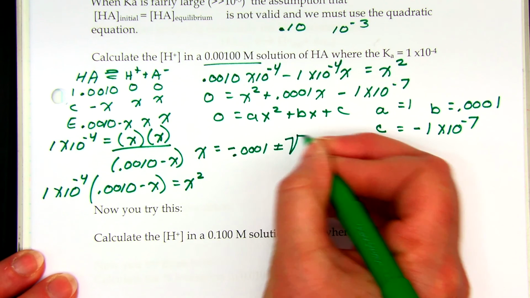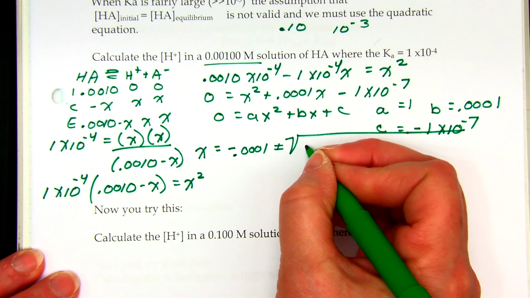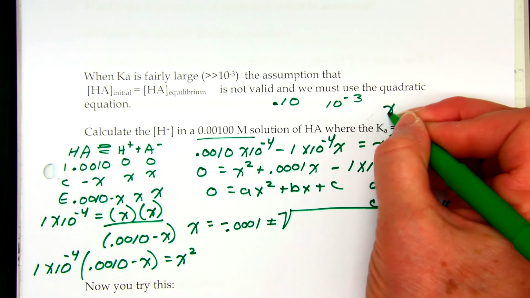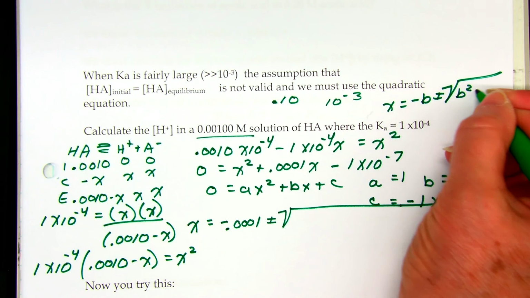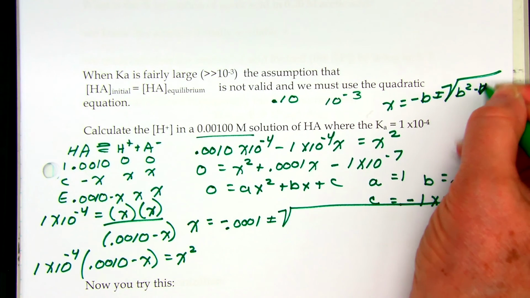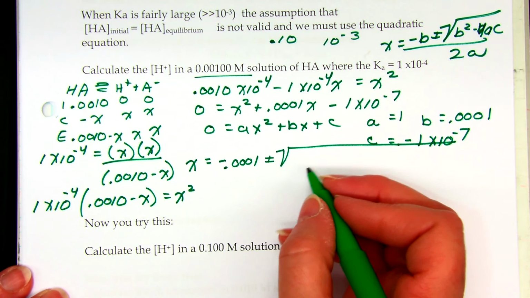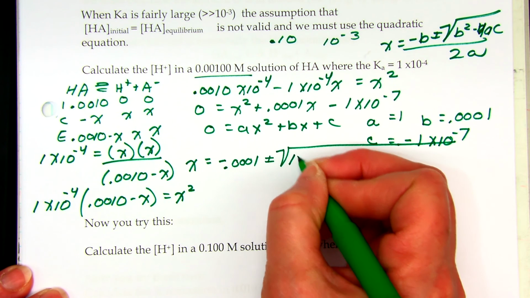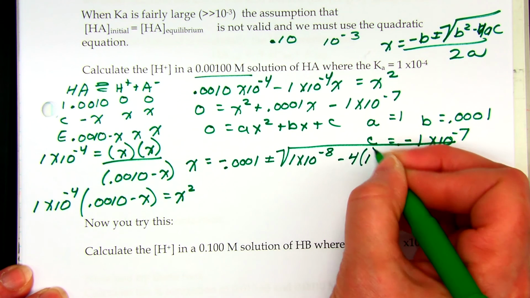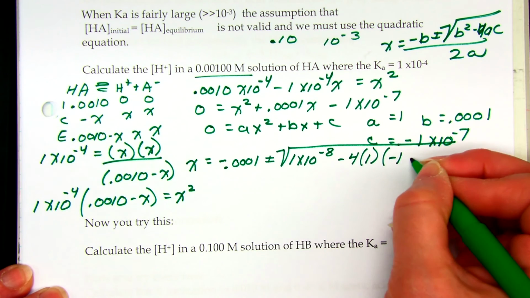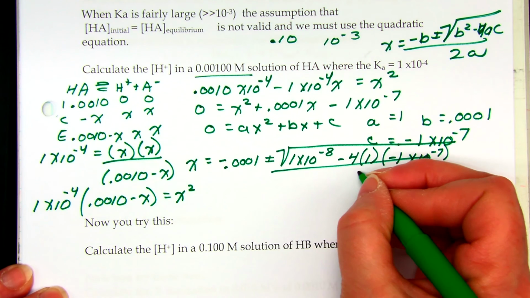So it'll be plus or minus the square root of, because we know X is equal to minus B plus or minus the square root of B squared minus 4AC, all over 2A. So it's equal to B squared, which is 1 times 10 to the negative 8th, minus 4 times A, which is 1, times C, negative 1 times 10 to the negative 7th, all divided by 2.